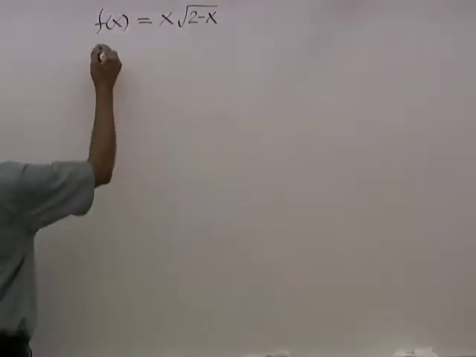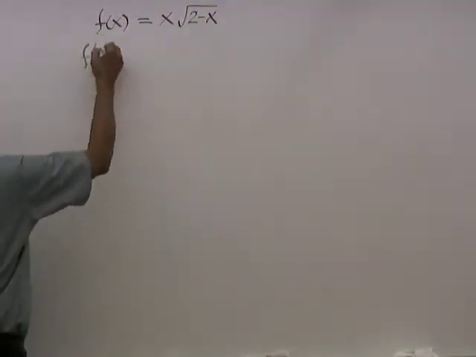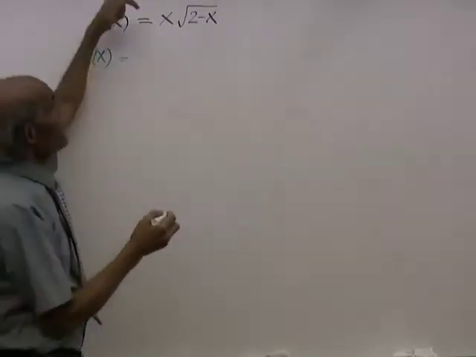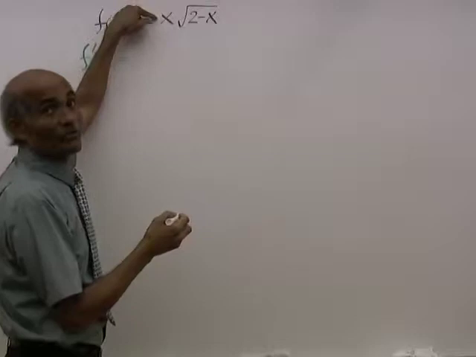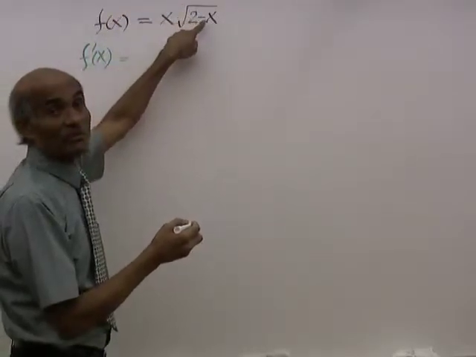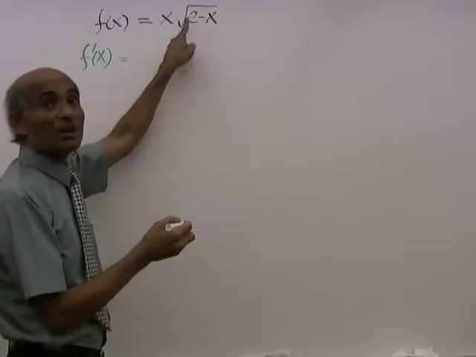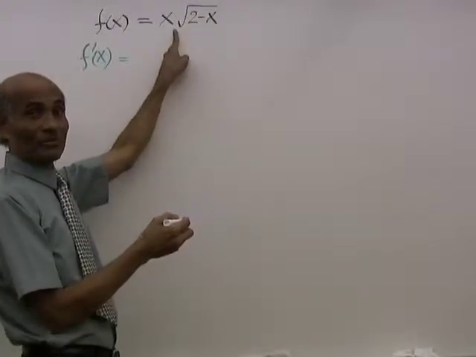So let's find the derivative. Help me find the derivative. F prime x equal to a product. First function times the derivative of the second function, plus second function times the derivative of the first.